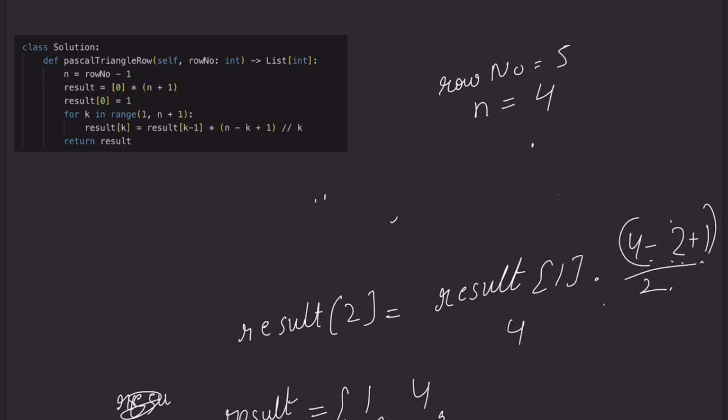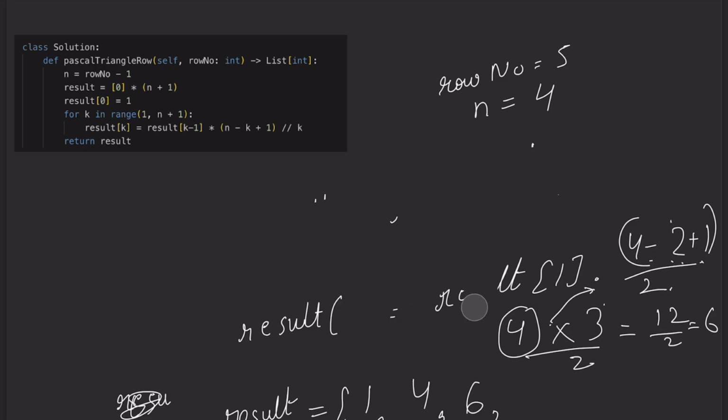Result of 1 is 4. Then we do 4 times 4 minus 2 plus 1, which is 3, upon 2. So 4 times 3 is 12 upon 2, which is 6. So result of k becomes 6.